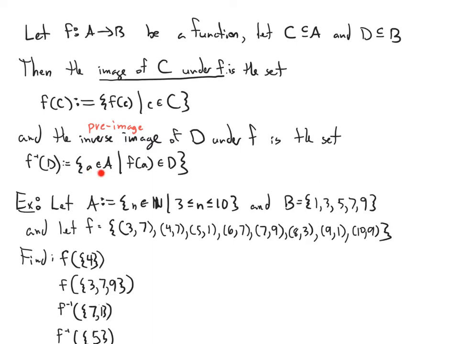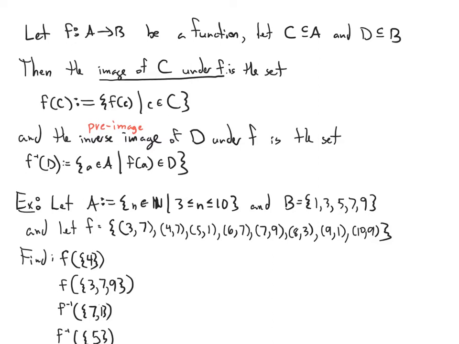So it's all elements a in your domain such that f of a is something in that subset of your codomain you're talking about. Now, these might seem a little bit complicated, but with a couple of examples, it should be fairly straightforward to see what's going on here.